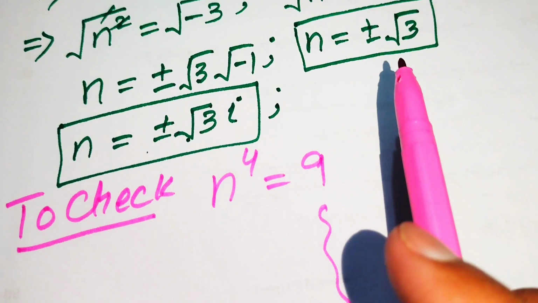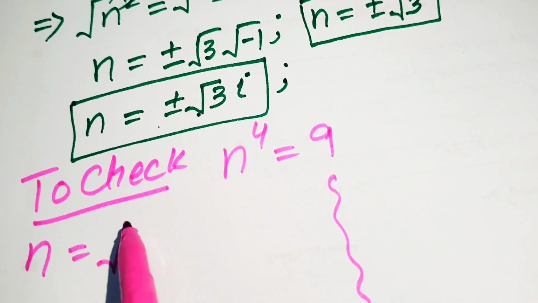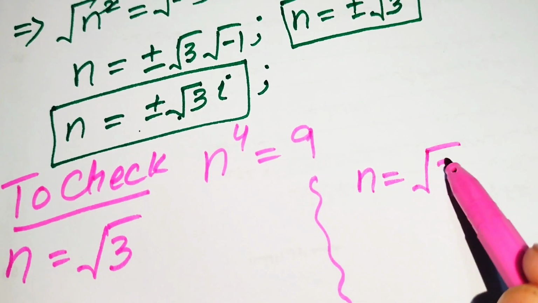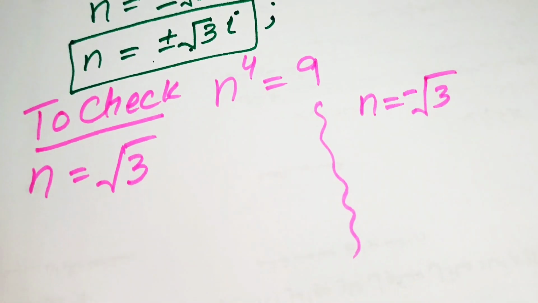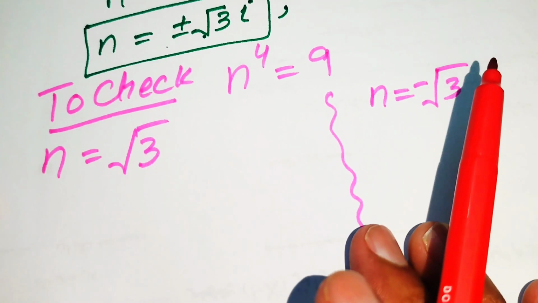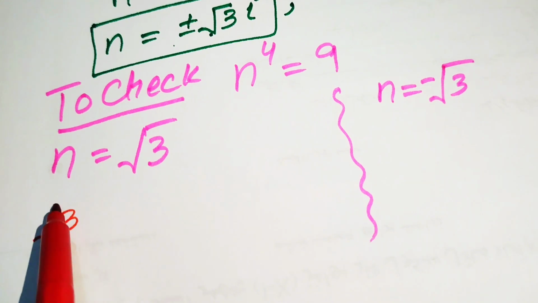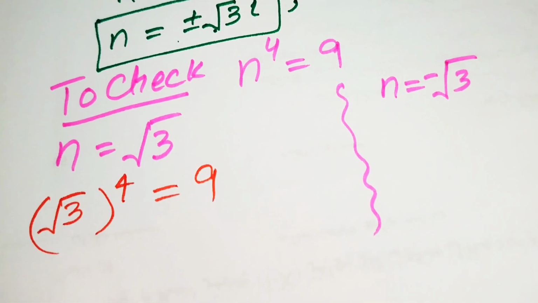First we substitute our real roots: the positive real root, square root of 3, and the negative real root, minus square root of 3. Now we substitute these roots and check the behavior of our given equation. Substituting this value in the left hand side, it will be written as square root of 3 whole power 4 equals 9.